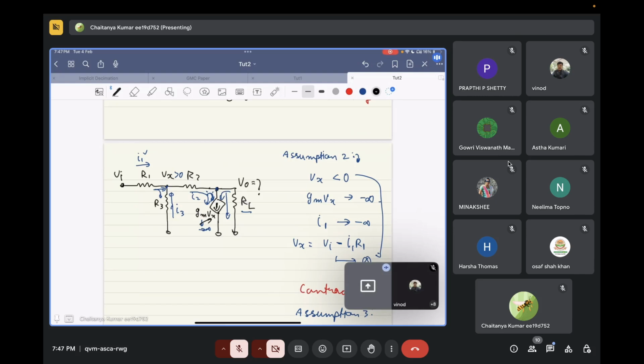And as it goes from some negative voltage to positive infinity, it will hit the zero voltage and settle over there. So if Vx goes in the positive direction or in the negative direction, this circuit does something to bring the voltage in the opposite direction. You can see this, right?